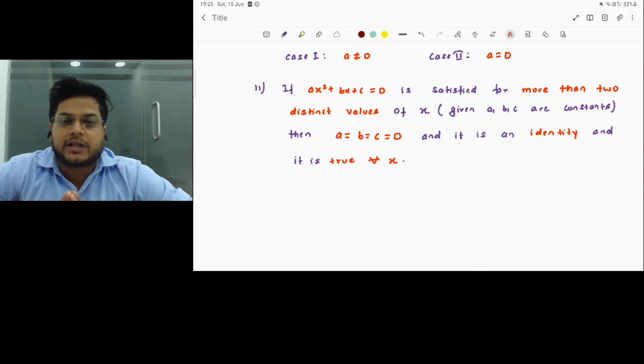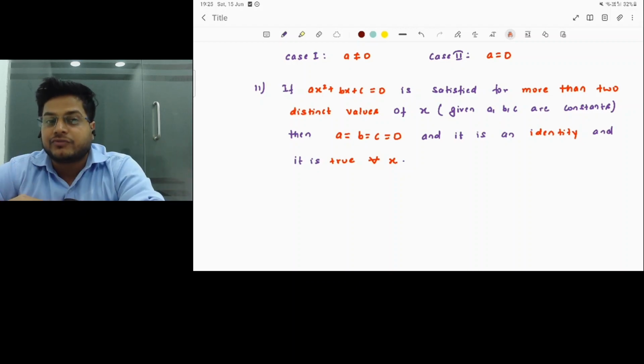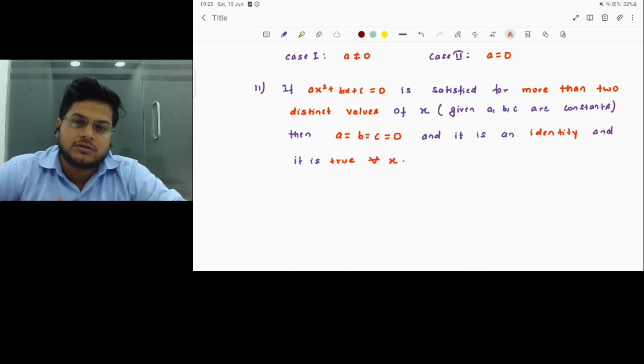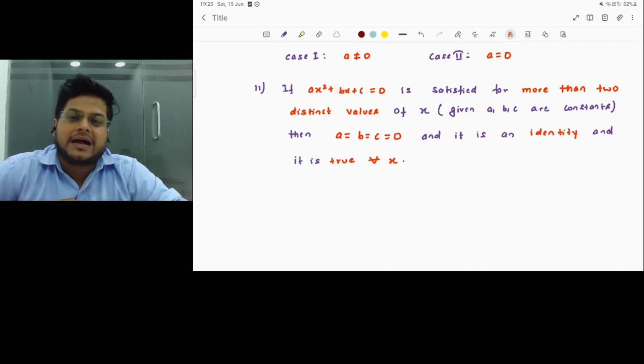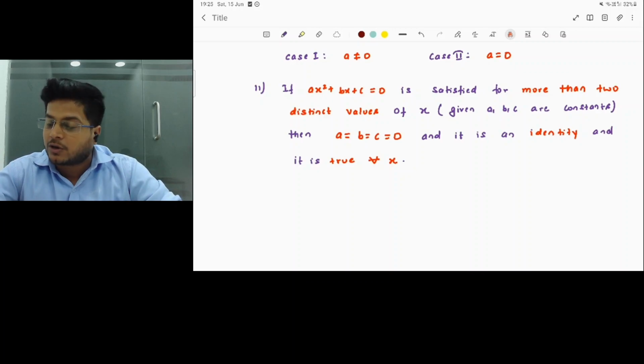I'm just talking about the equation which is of the form ax square plus bx plus c equals 0. Now, if it is satisfied by more than two distinct values, then all the coefficients a, b, c, all three of them are going to be equal to 0, and basically it is going to be an identity. Why a, b, c equals 0, that I will discuss, but first let me conclude the conclusion part.